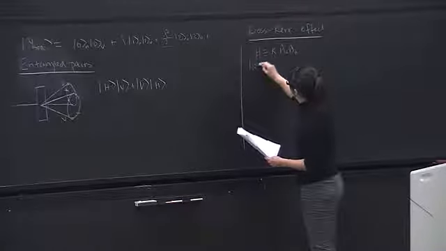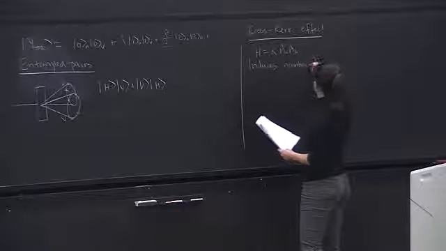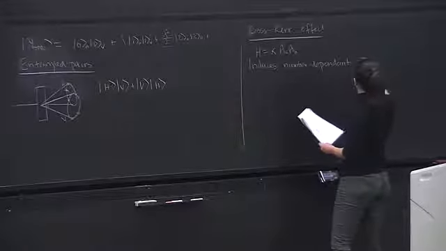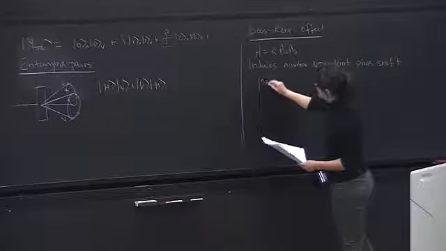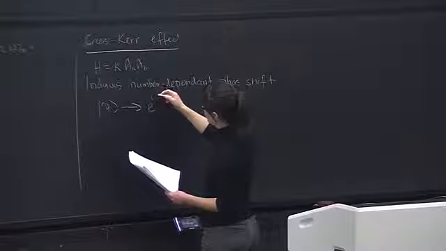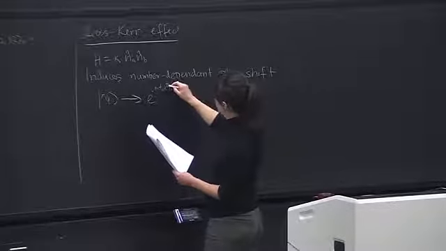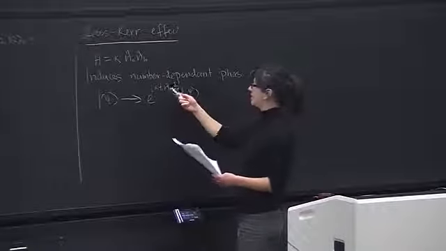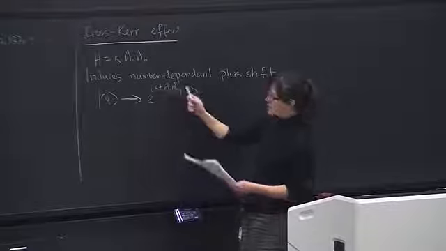So it induces a number dependent phase shift. If you have some sort of state and you apply the unitary operator associated with that Hamiltonian, then it's just going to pull out the number of whatever that state is, and it'll give you a phase shift that depends on this number.